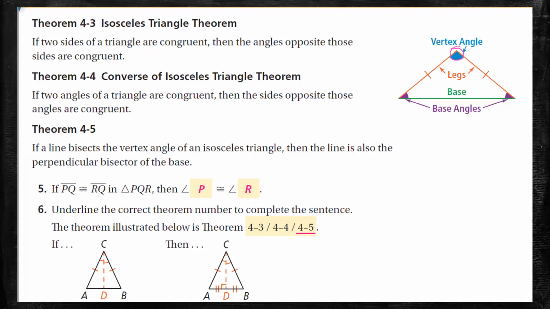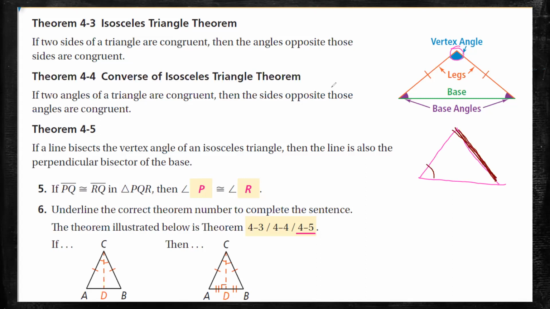And we said also that each leg, as you see from here, if we have this leg, the angle opposite to it is this one. So the brown angle is the opposite angle for the side in brown.